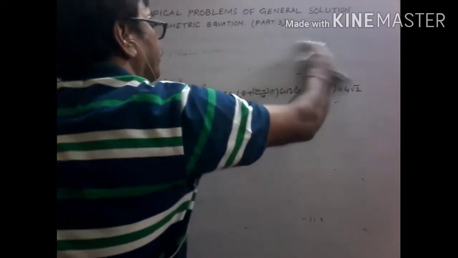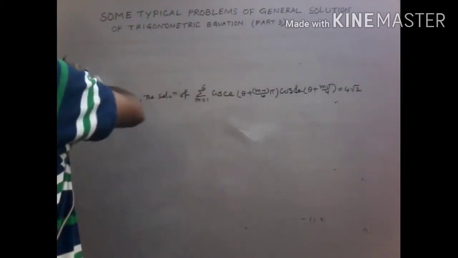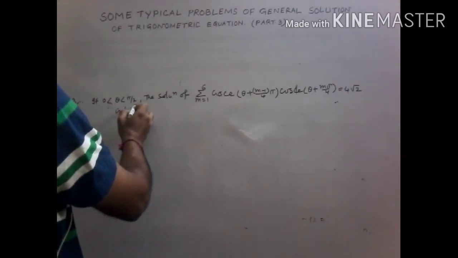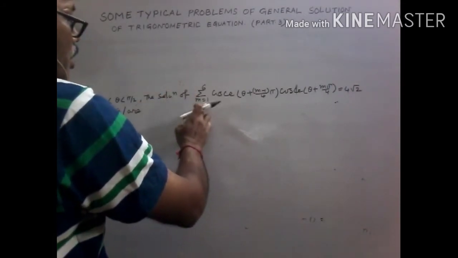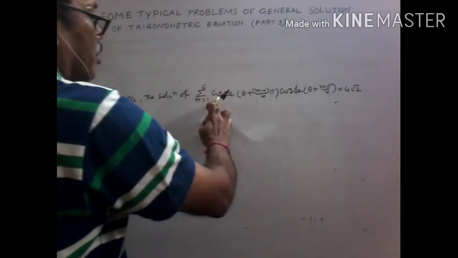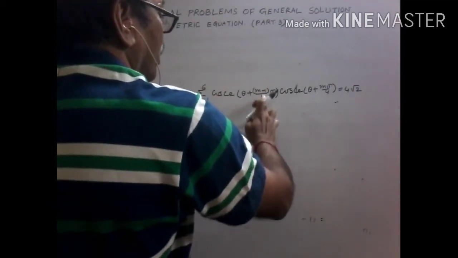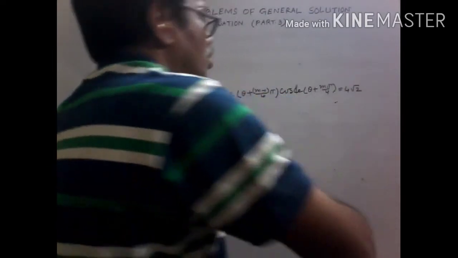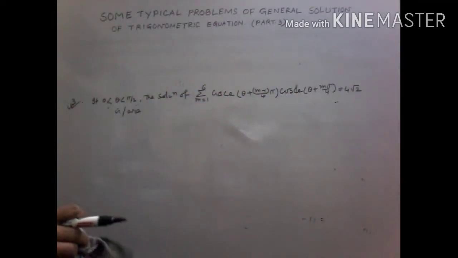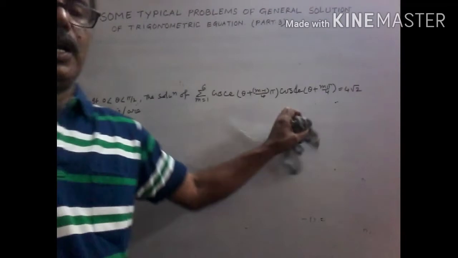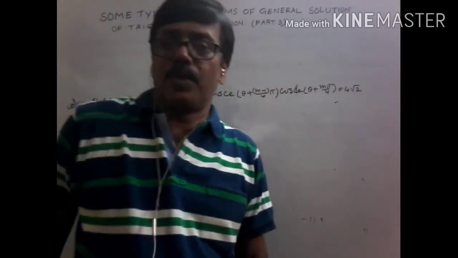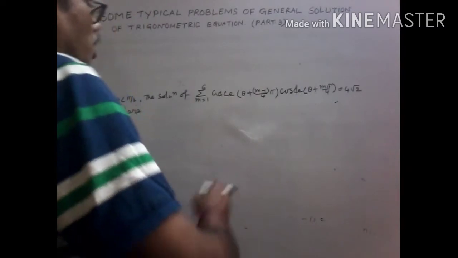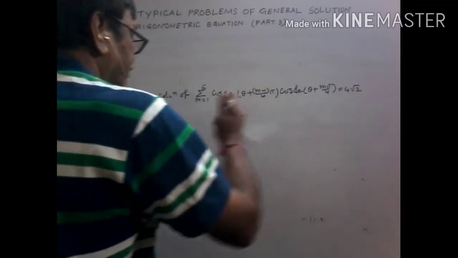Listen. θ belongs to the first quadrant. The solutions of the equation, sum over m equals 1 to 6 of cosec(θ + (m−1)π/4) cosec(θ + mπ/4) equals 4√2. So find the value of θ in the first quadrant. So for this type of problem, we calculate this part.